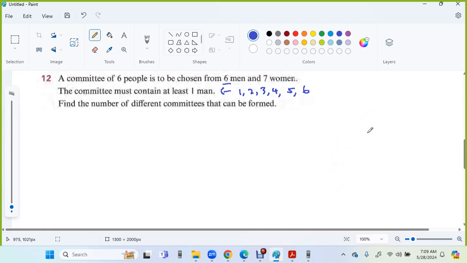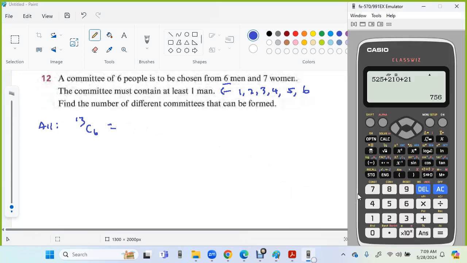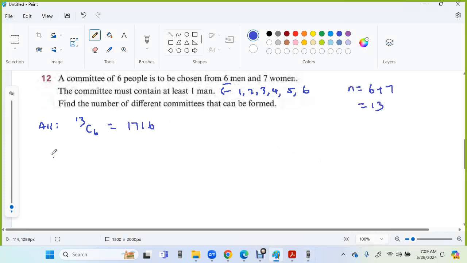But we have an easier way, that is we have all possible without restriction. So we have the 13 here. So all is 13 choose 6. So all combinations will be the 13C6. Then is 1716.